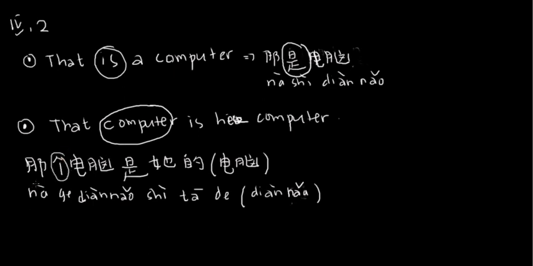So this one will become 那个电脑是他的电脑. And you can omit this one because we already know the noun, it's already mentioned in front. It's not wrong if you write it, but it's going to be too long if you make a conversation.